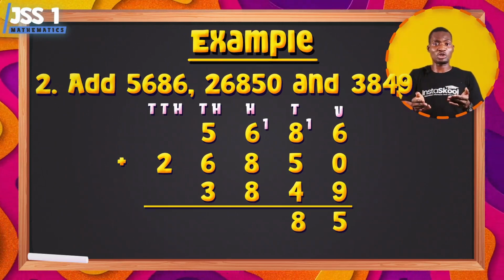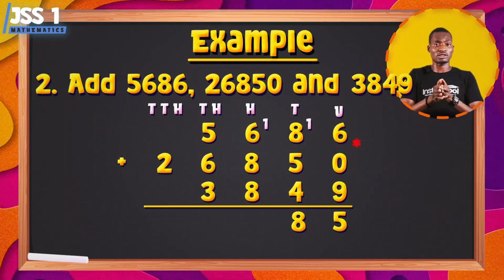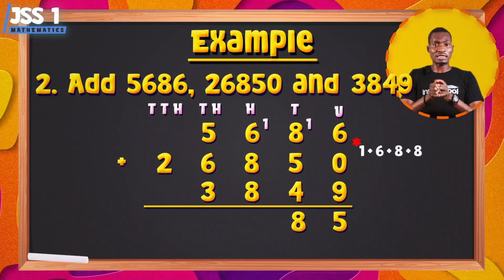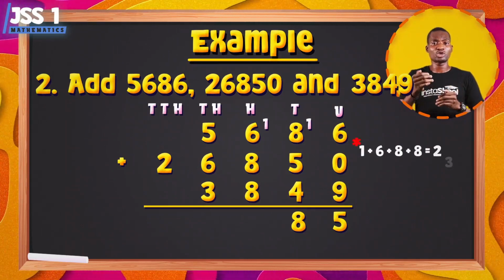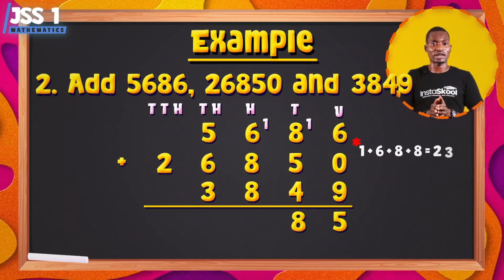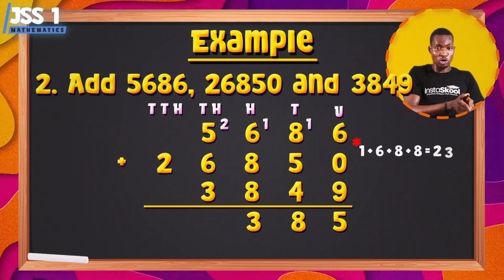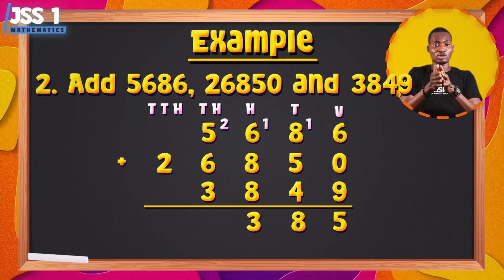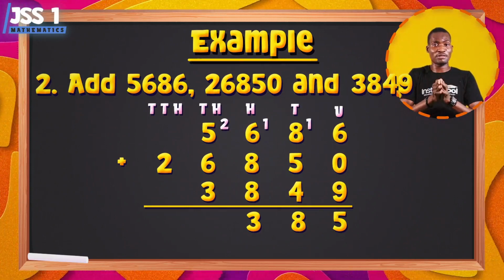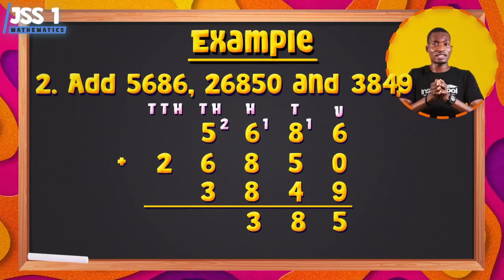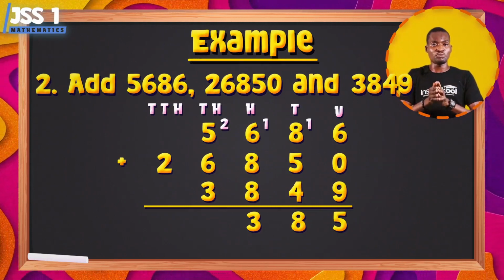And then we'll perform the addition again. That is 1 plus 6 plus 8 plus another 8. That gives 23. That's right. You write 3 there, and then you move 2 to the next column. You perform another addition. 2 plus 5 plus 6 plus 3. That gives 16. Beautiful.